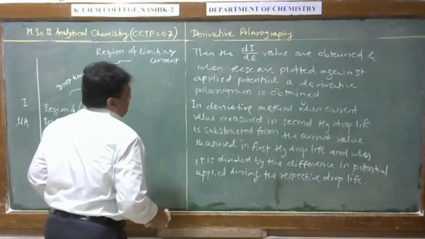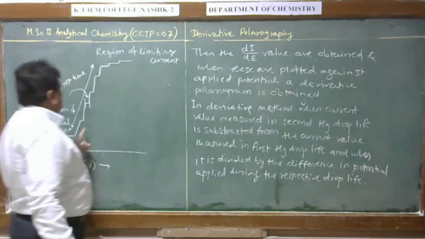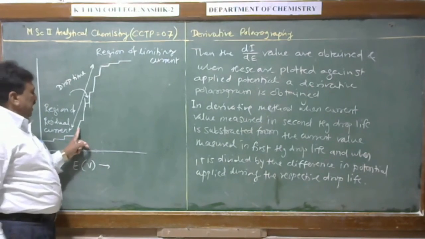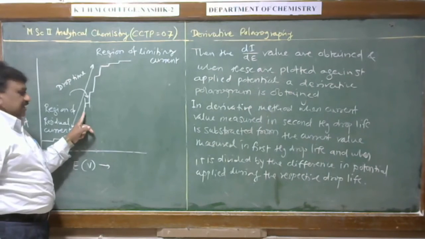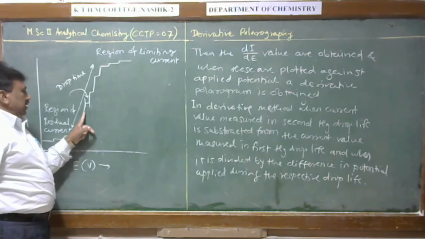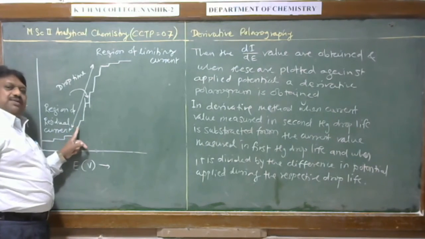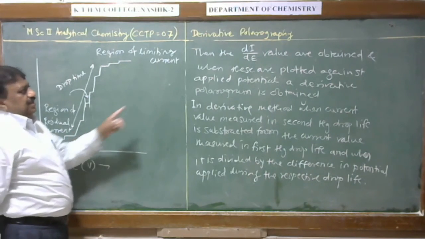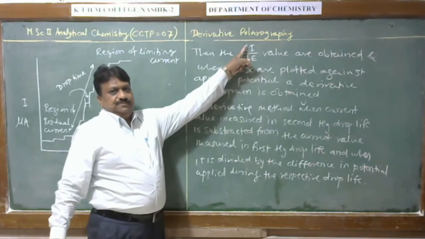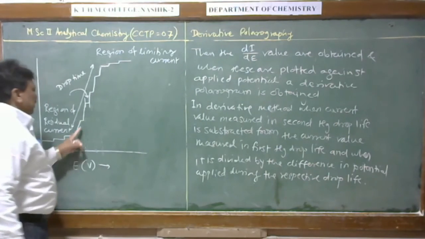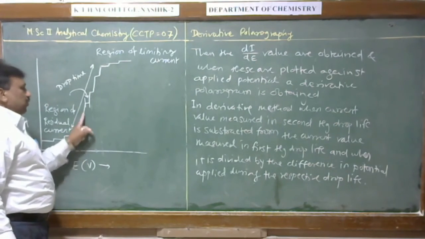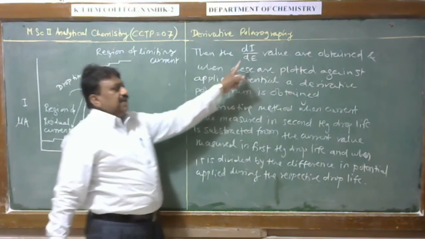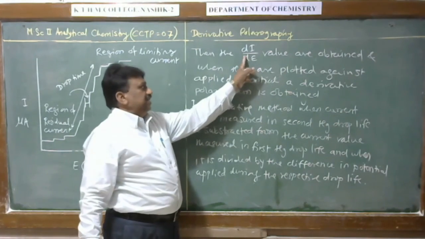Therefore, in this case, when the current measured in this second step is subtracted from the current measured in the first step, that is the difference in current. When the corresponding difference of potential is taken, it is the difference in potential.